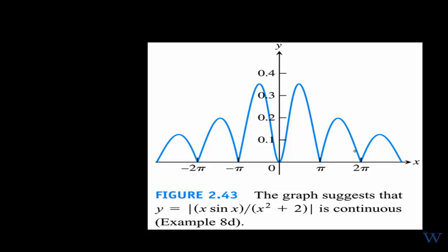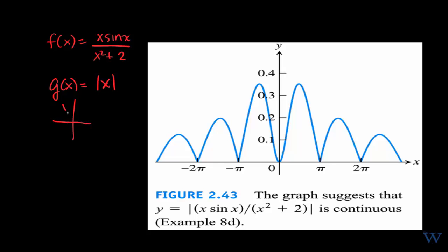And here's an example. Okay, we have that f of x is equal to x sine of x divided by x squared plus 2. And then we have g of x is the absolute value of x. Now remember, the absolute value of x looks like this. And we know that that's a continuous function.